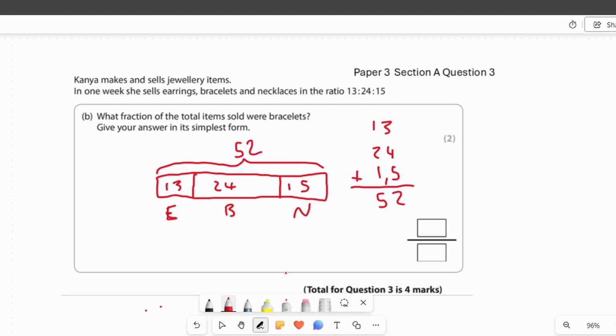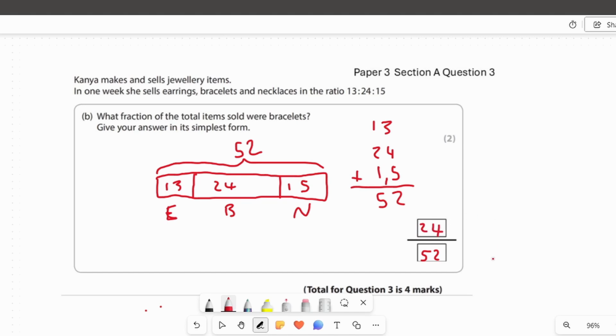And you see the question asks us, what fraction of the total items sold, what fraction of the whole? So it's going to be a fraction out of 52. And it's asking us bracelets. What fraction was bracelets? So it's 24 over 52. So we can put that there.